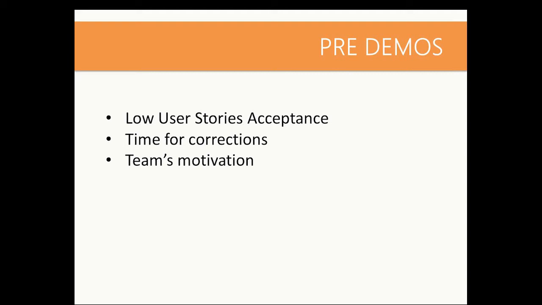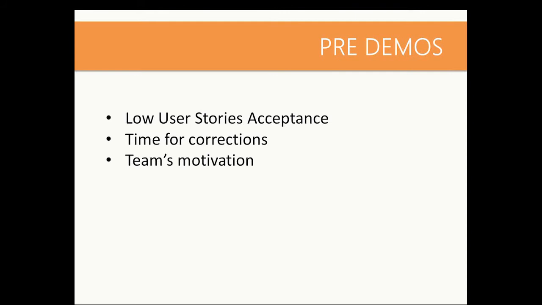So one of the solutions that we implemented was, as you see, the pre-demos. That means that, let's suppose you are a week away from the demo, or just 3 days from the demo, you organize an informal meeting with the PO where you show all the progress.